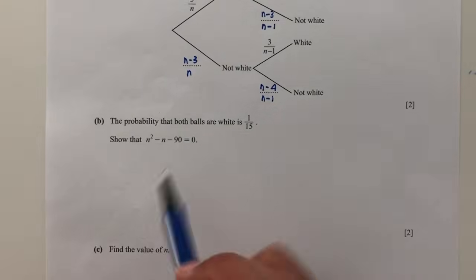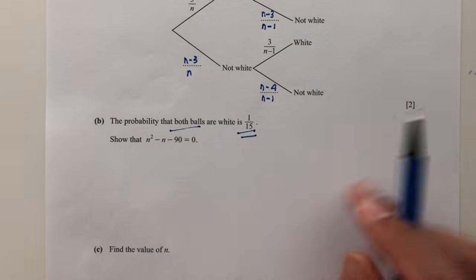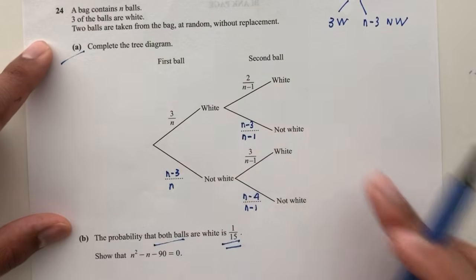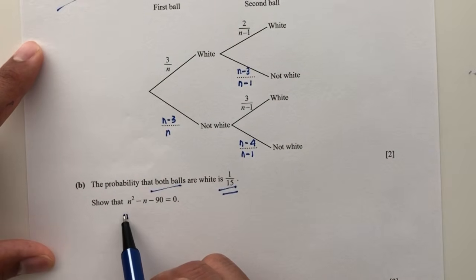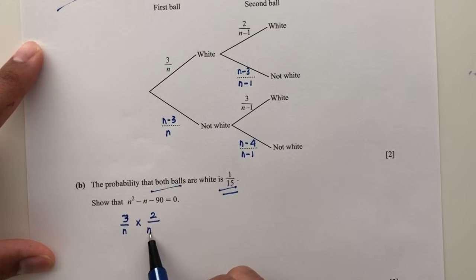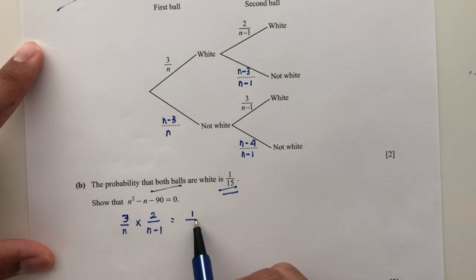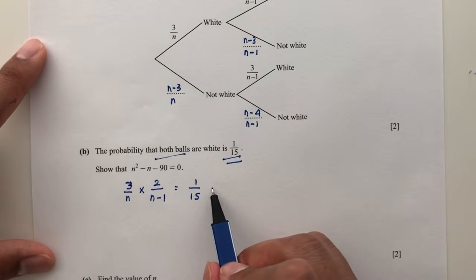Now part B, it says the chance that both balls are white is 1 over 15. So white and white is 1 over 15. Let's do that. White and white will be 3 over n times 2 over n minus 1 equal to 1 over 15. Now you have to simplify.